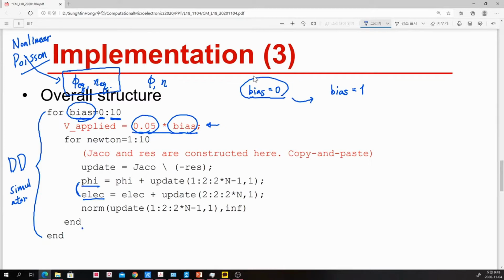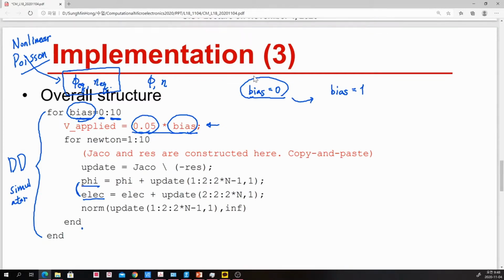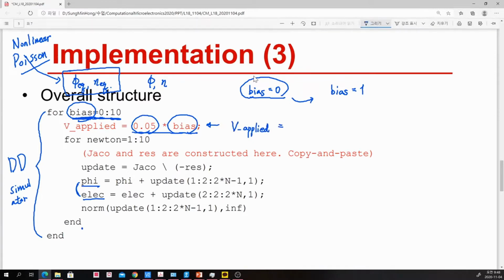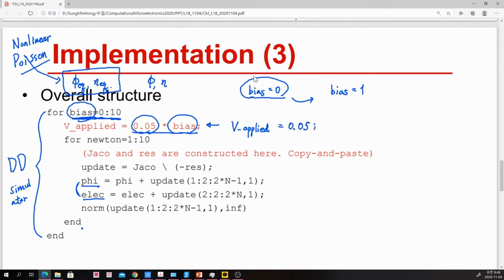After this is over, we go to the bias equal to 1 case, and now our applied voltage becomes, instead of 0.0, 0.05 volt. Then there is no change in the initial guess. So up to now, phi and electron density are just equilibrium quantities.